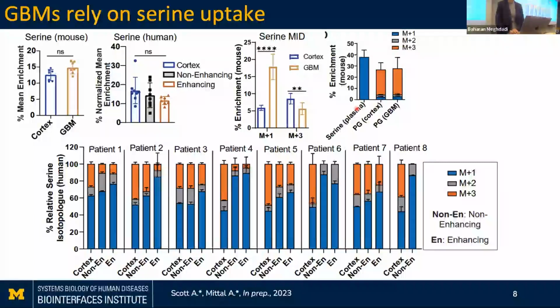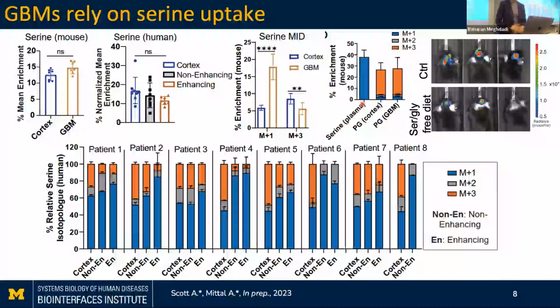So from this, we hypothesized that GBM relies on serine uptake because we saw M+1 enrichment higher in GBM samples. And also we see the plasma serine has the M+1 enrichment.